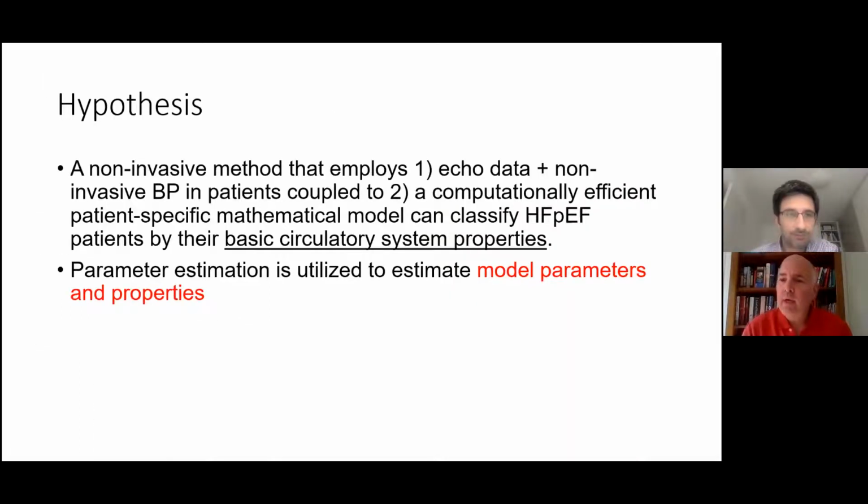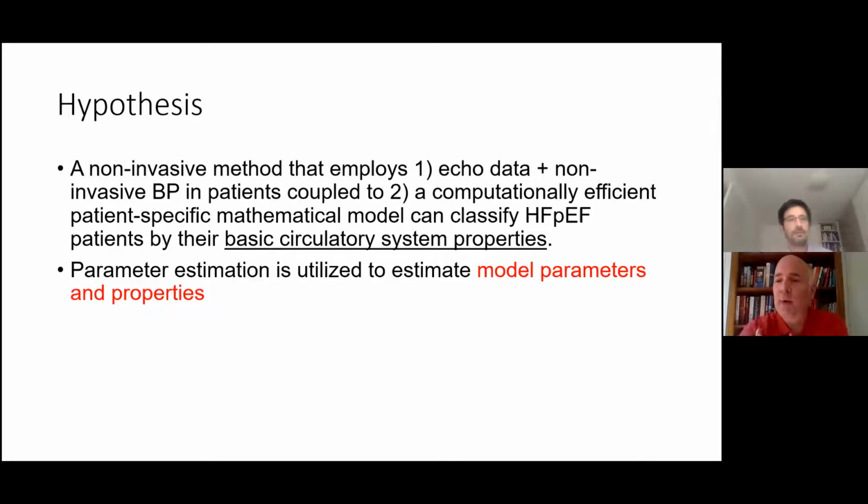So what we're proposing to do here is to utilize the type of non-invasive data that we get on these patients, so principally echocardiography, along with some other non-invasive data like their blood pressure. And to couple it with our computationally efficient mathematical model, what we're hoping to do is to identify, using parameter estimation, these basic circulatory system properties in the patient.